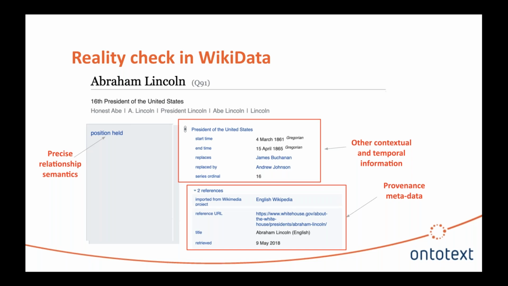Further, there is some provenance, which is further metadata about this position held, and it tells you where this information comes from. Obviously, this is from the Wikipedia project, and there is a reference URL which says what the citation was, where you found it.